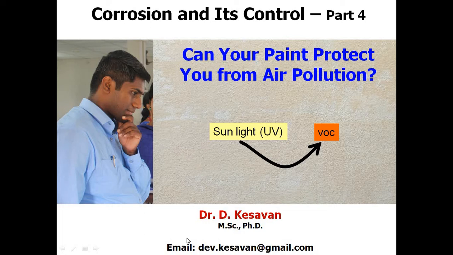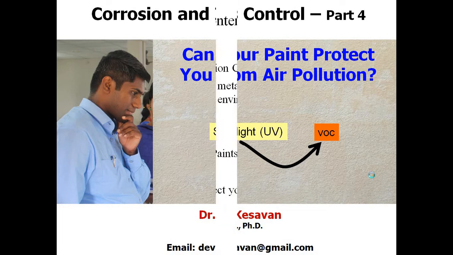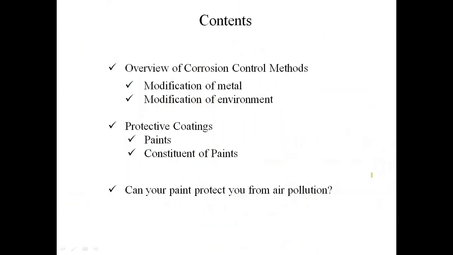Now let's move to the final part of the corrosion and its control. In this video, we will discuss an overview of corrosion control methods, how to control corrosion. Basically, we can do this in two ways.